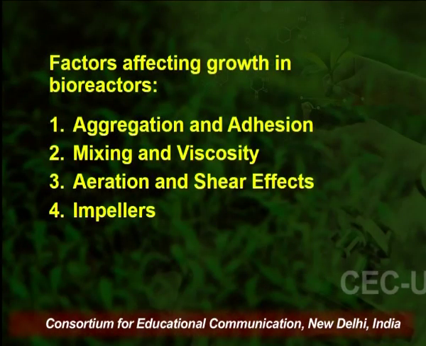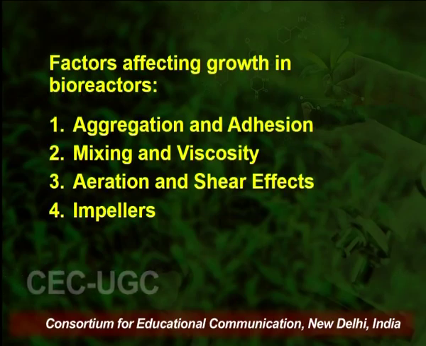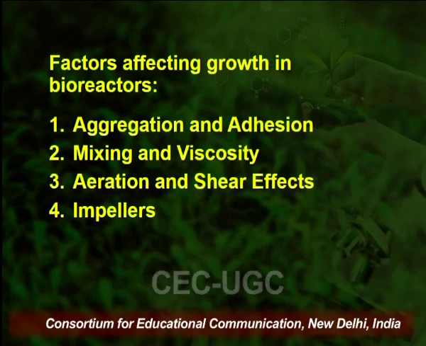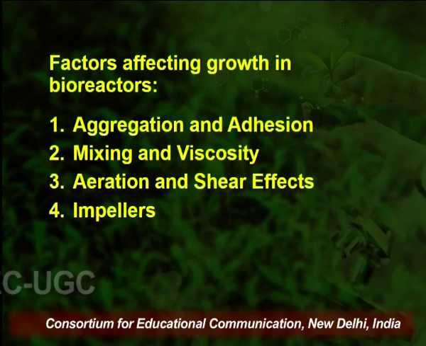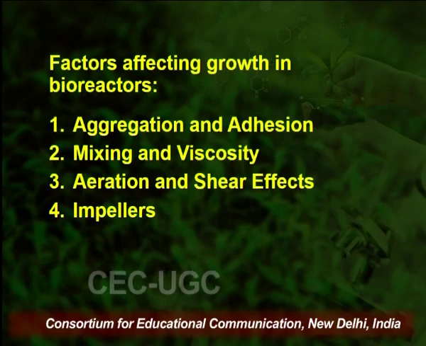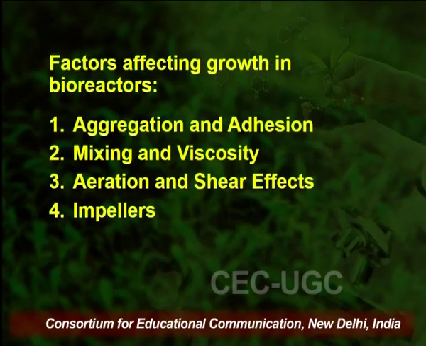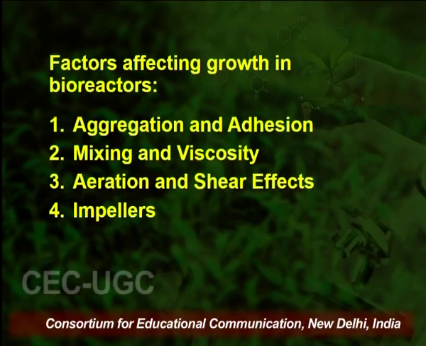Now we move on to the factors that affect the growth in these bioreactors, and these are aggregation and adhesion of the roots. Aggregation, because they have a very intricate morphology and high lateral branching, which leads to the formation of aggregates. And some of the cells adhere to each other because the cells have a natural tendency to adhere, and such adhesion leads to aggregation. Sometimes cells also adhere to the walls of the bioreactor, which poses another kind of problem.